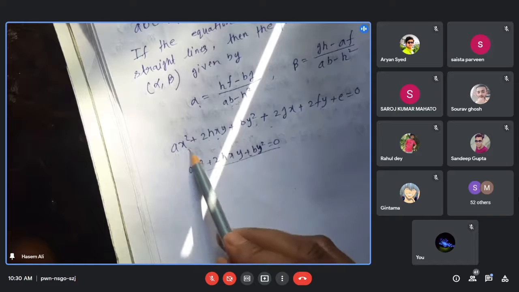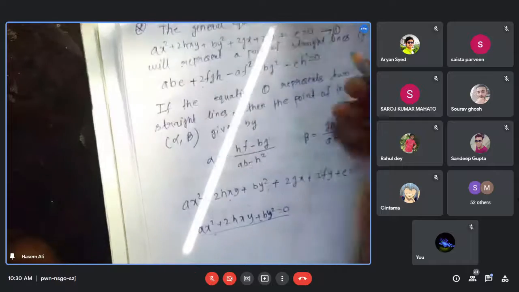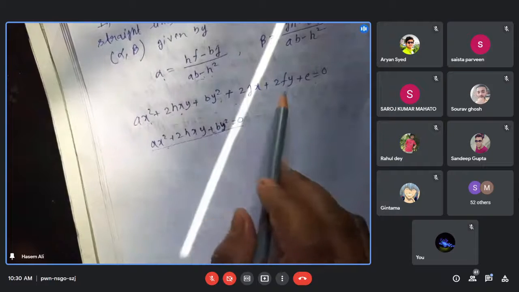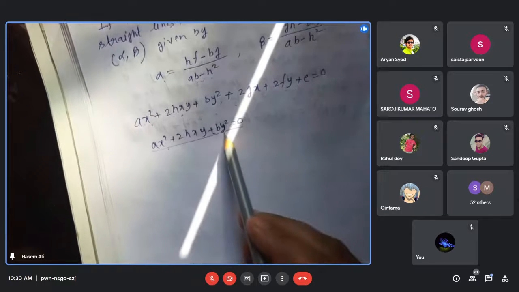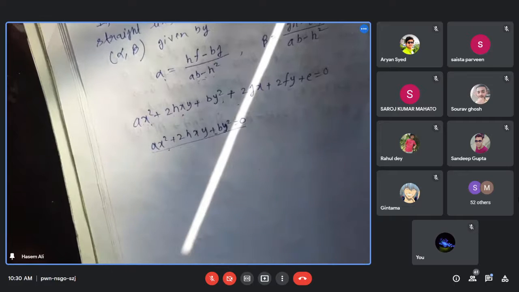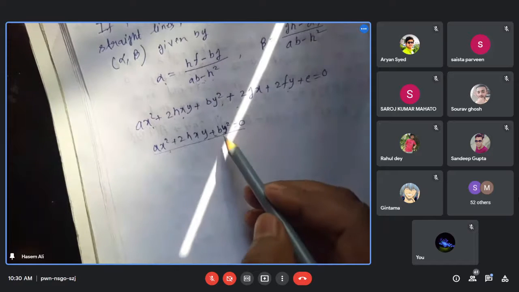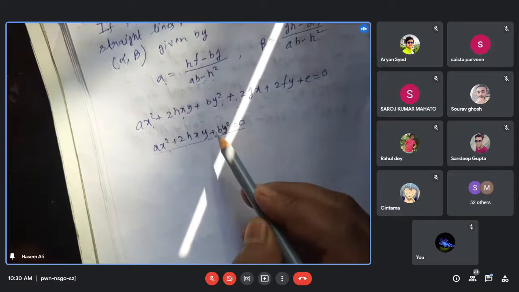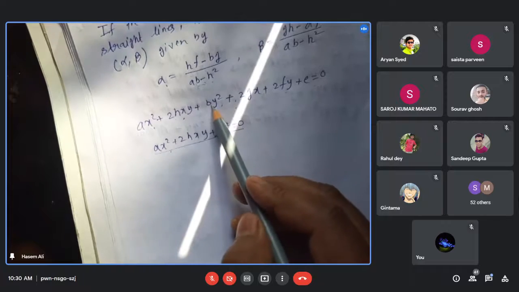If this equation represents a pair of straight lines, that means this condition holds. Let this be equation 2. So if this equation represents a pair of straight lines, then equation 2 represents a pair of straight lines passing through the origin, and also parallel to the first pair.